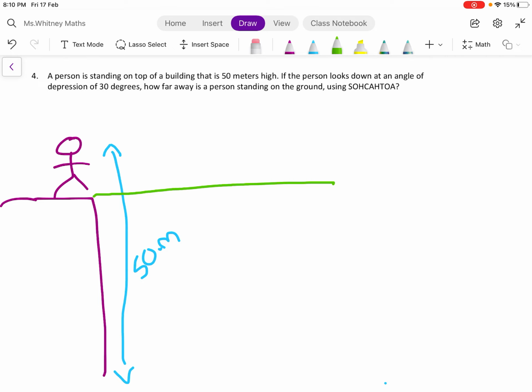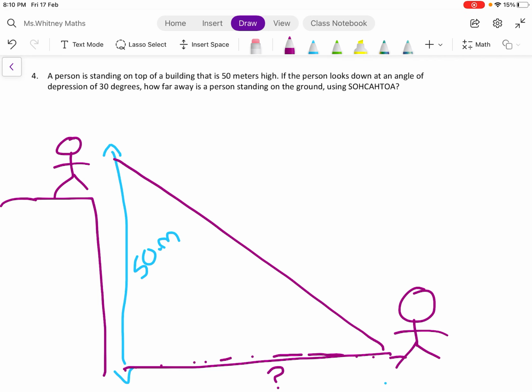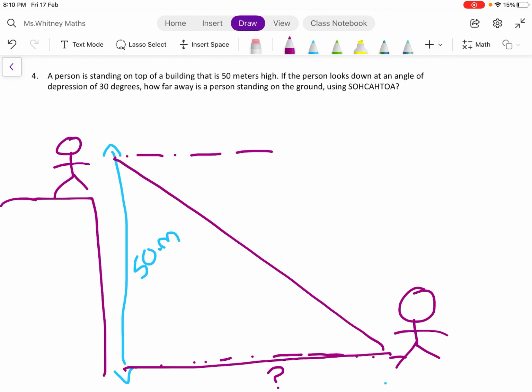Okay, now the key thing here is if we look at a person on the ground, there's a person on the ground down here. We are looking for this distance here. How far away is this person on the ground? So when we're looking down, the angle of depression, we're going to go down to here, is looking down from the straight horizontal line.